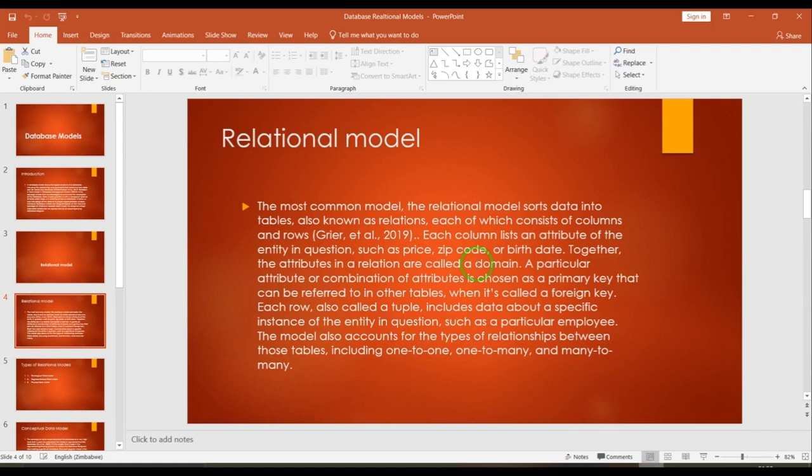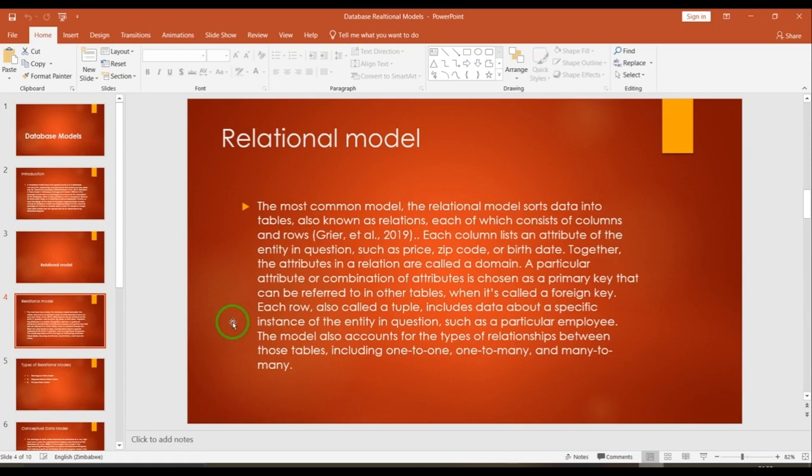Together, the attributes in a relation are called a domain. A particular attribute or a combination of attributes is chosen as a primary key that can be referred to in other tables. Then it's called a foreign key.